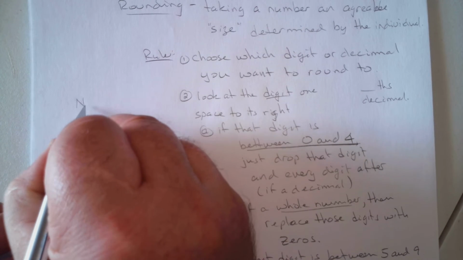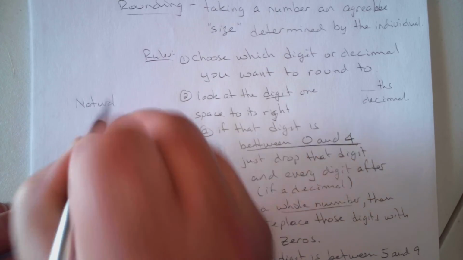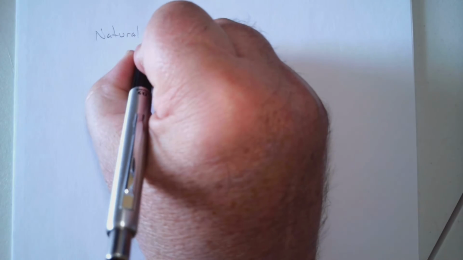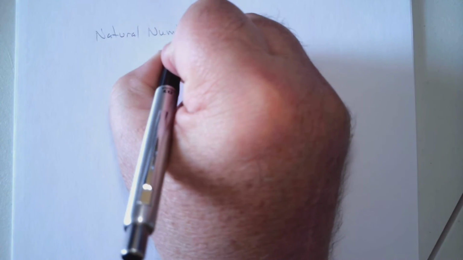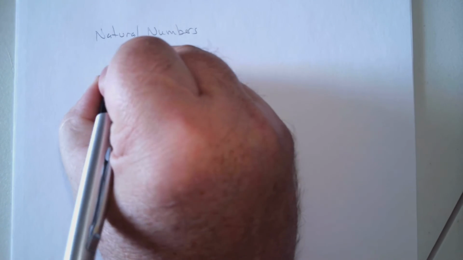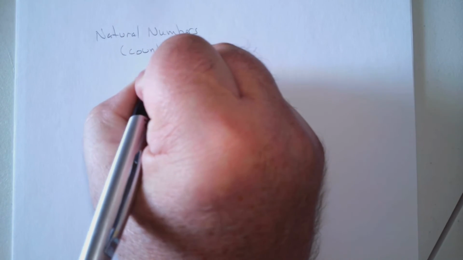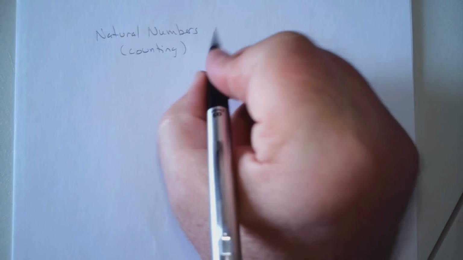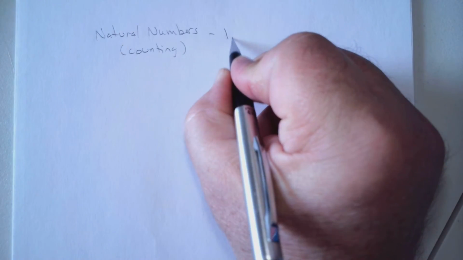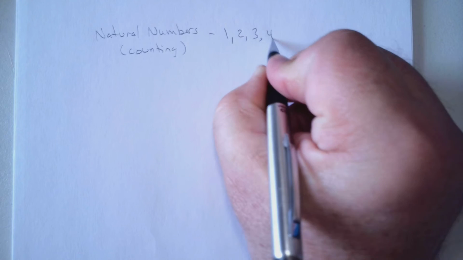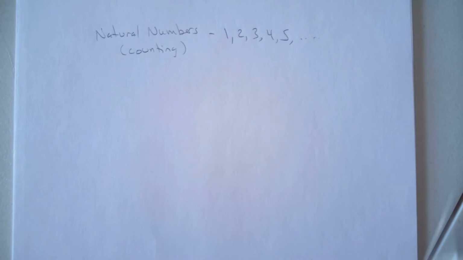First off, we have natural numbers. Those are our counting numbers. If I ask you to start counting, you always start at 1, 2, 3, 4, 5, and go on to infinity, or whenever you want to stop.